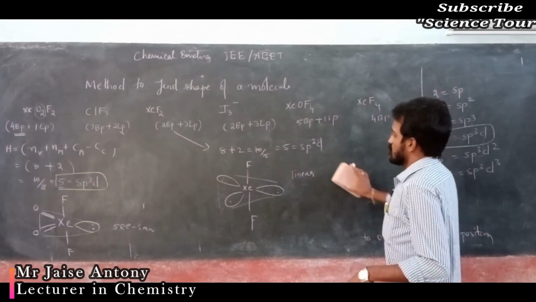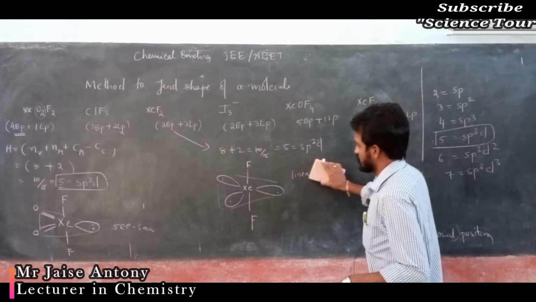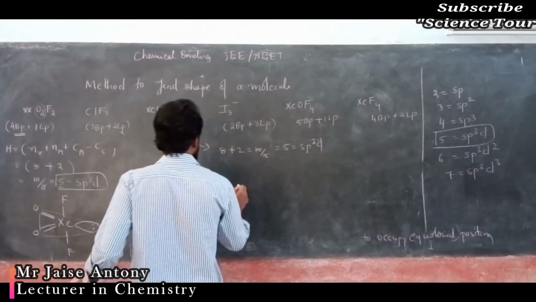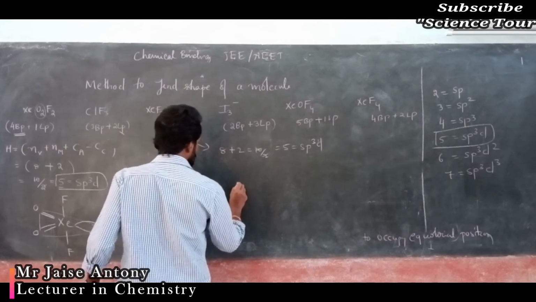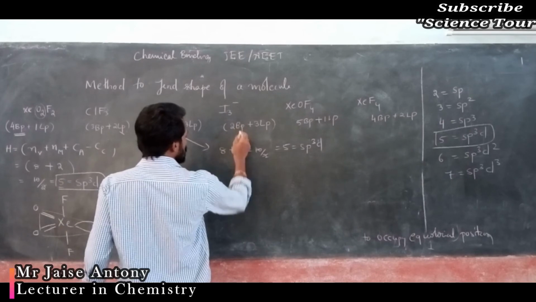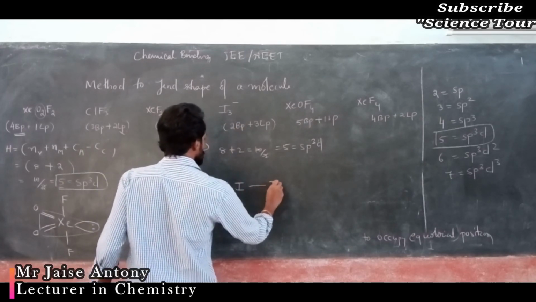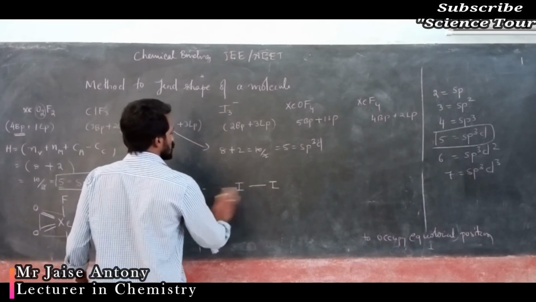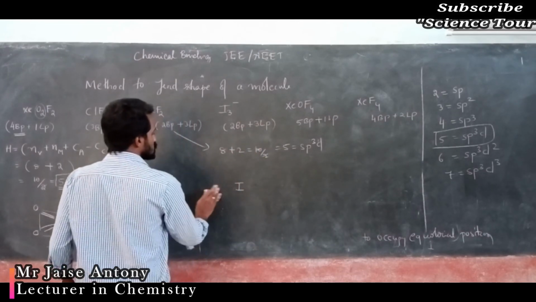Shall we have this. My dear students, next is I3 minus. That means one I at the center, and here two bond pairs. Three lone pairs are there.